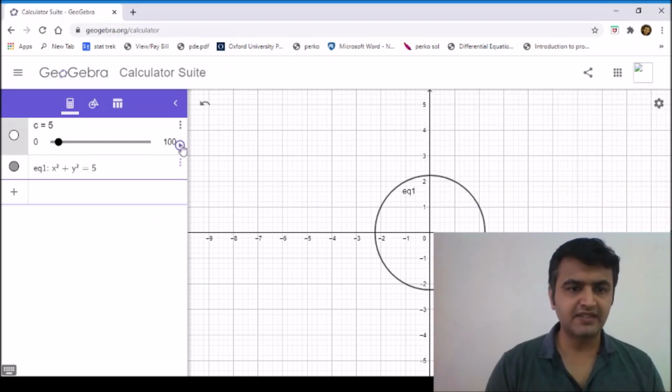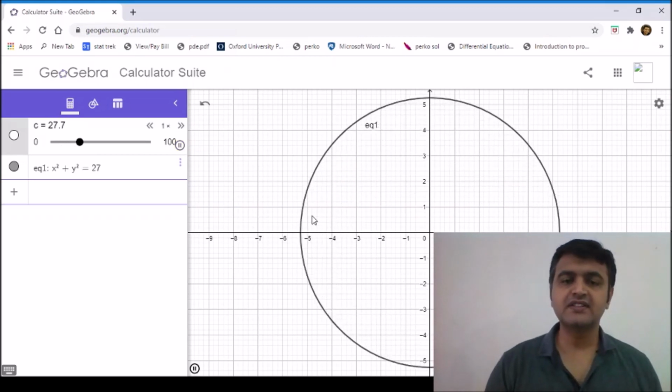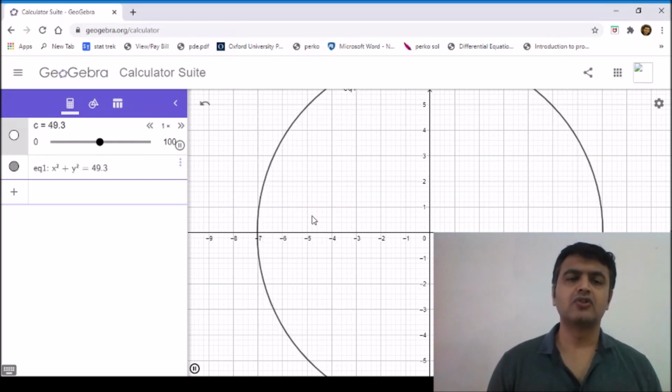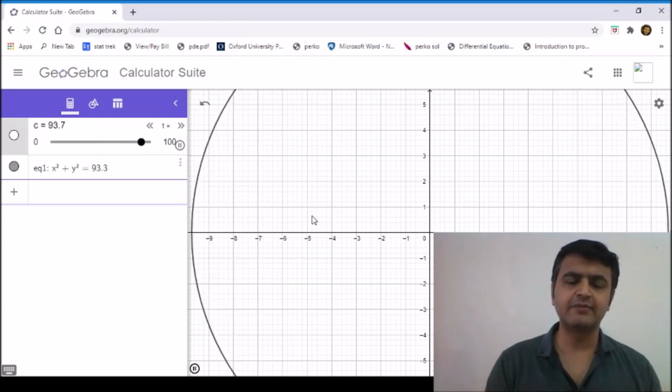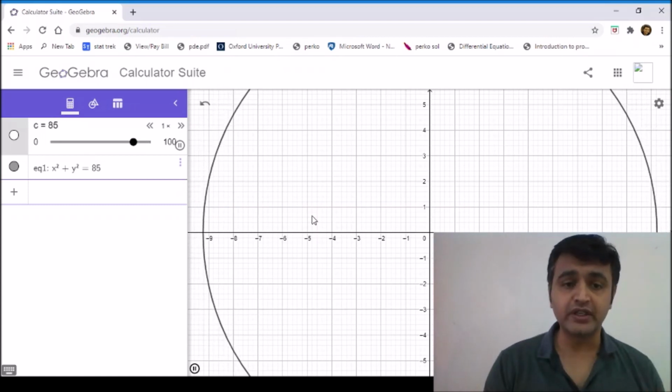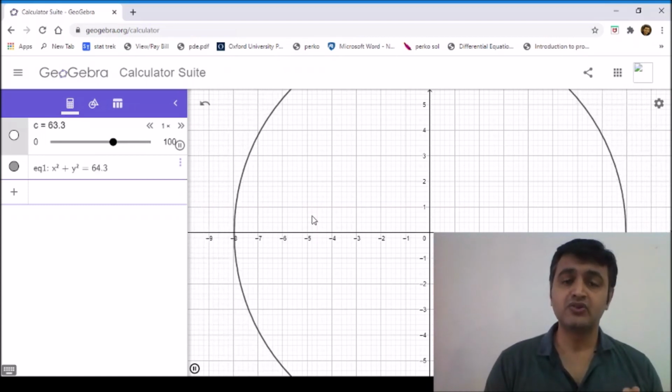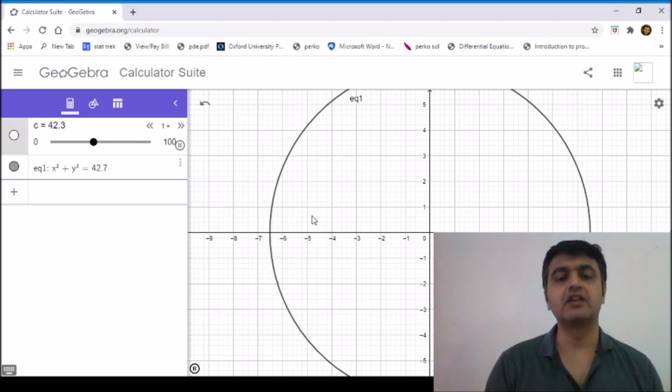Now as I move my slider, when my c is 5, I have the circle of radius root 5, and now if I change the slider, all these circles I have kept till 100. Here I have kept from 0 to 100, but c can be any non-negative real number, then those will be the solutions for the given differential equation.